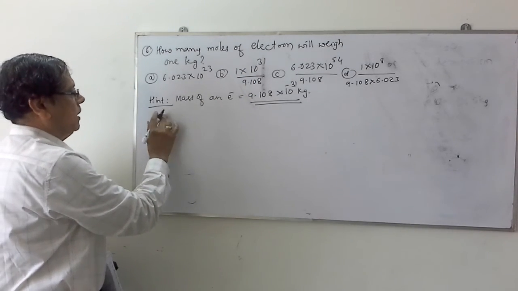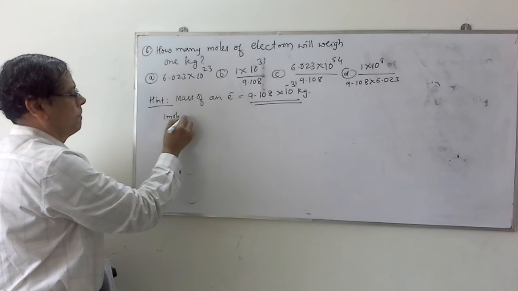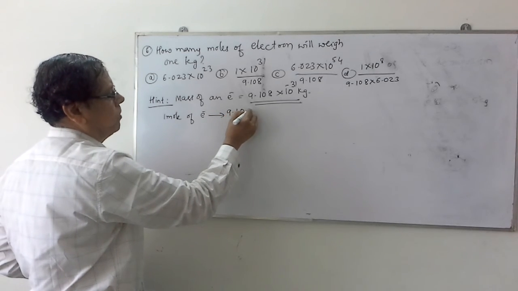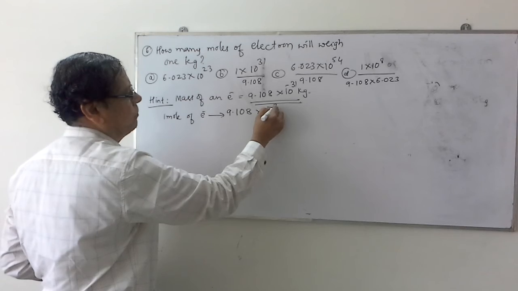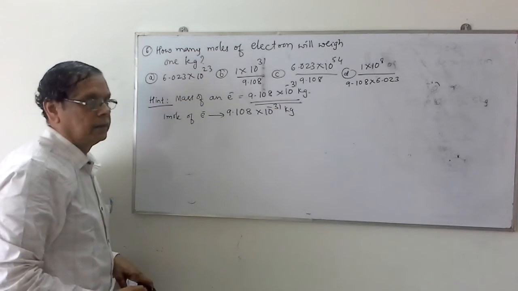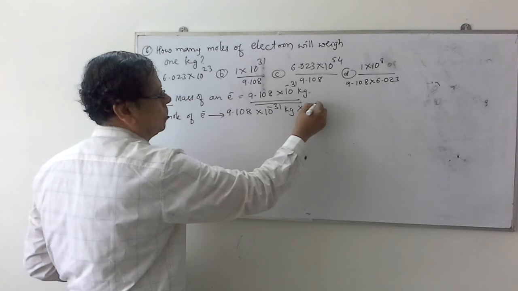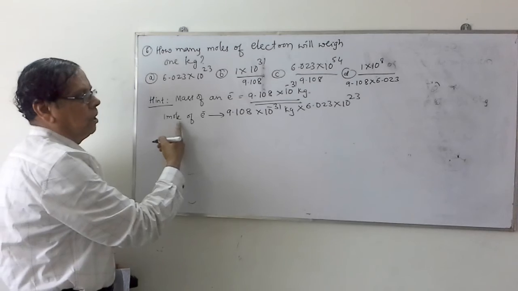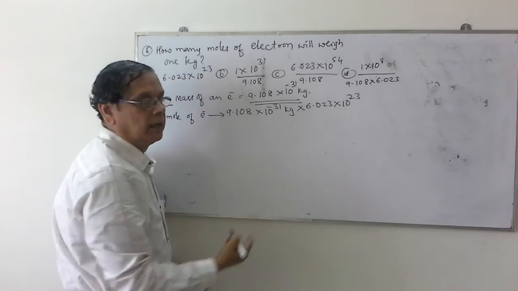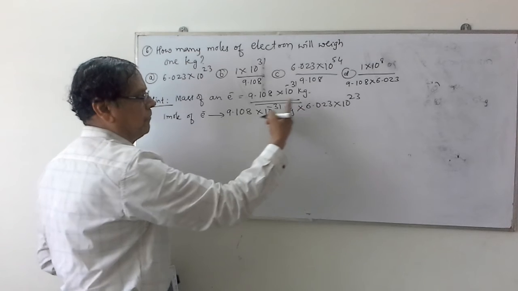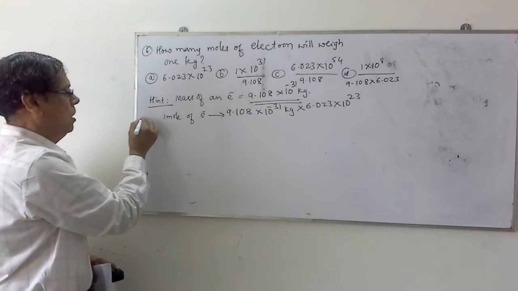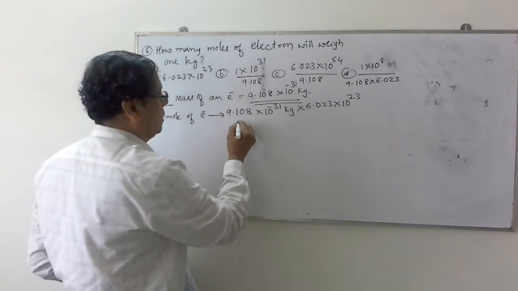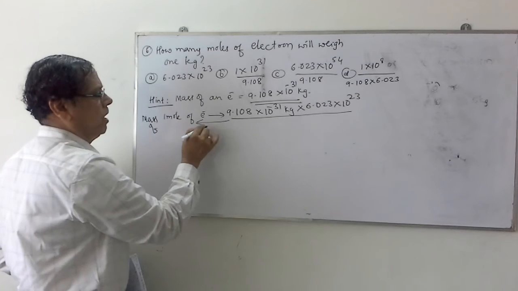So if you take 1 mole of electron, 1 mole of electron will have the mass equal to 9.108 into 10 to the power minus 31 kg into 6.023 into 10 to the power 23. Because 1 mole will contain Avogadro number of electrons. Avogadro number of electrons into mass of each electron will give rise to the mass of 1 mole of electron. Therefore, this much will be the mass of 1 mole of electron.